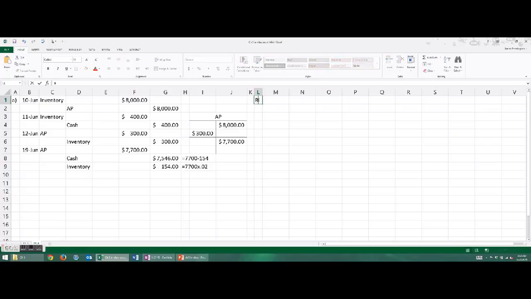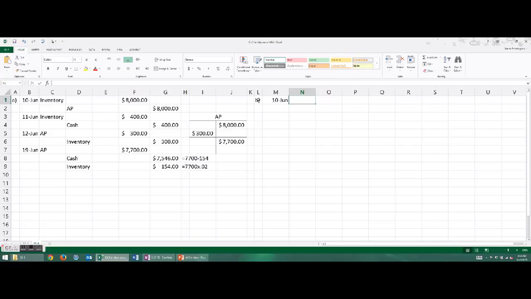So why don't we go ahead and shift gears into part B. Here we're going to do the same transactions on the books of Epps Company. So we'll start with the June 10th transaction. Tunes and Company purchased $8,000 of merchandise from Epps Company.